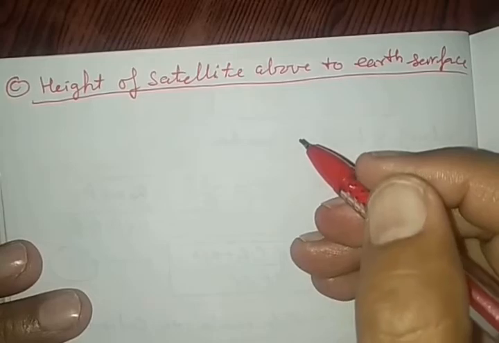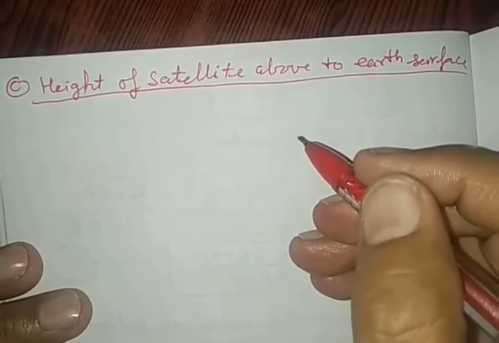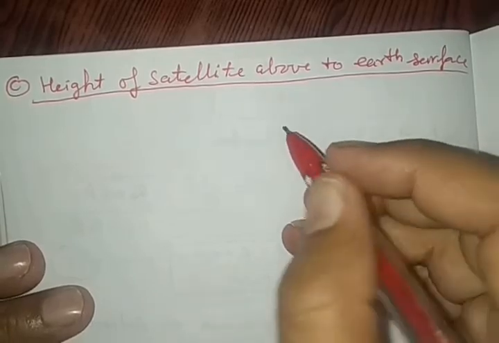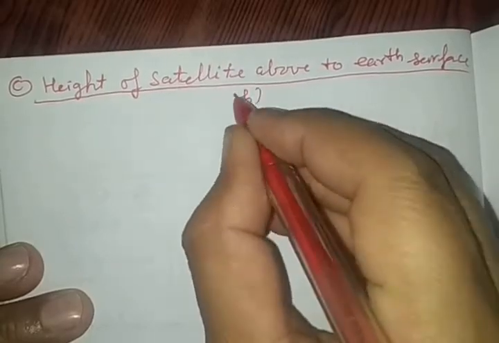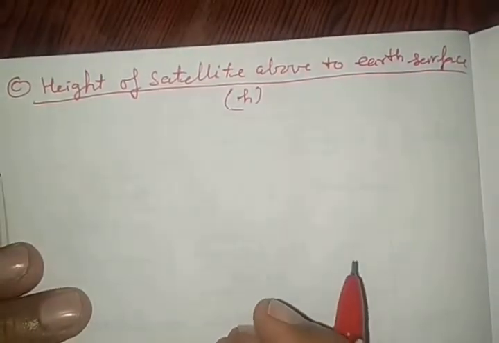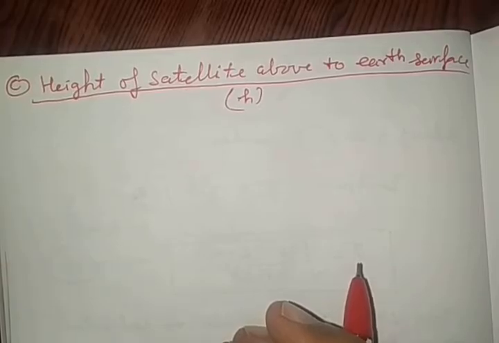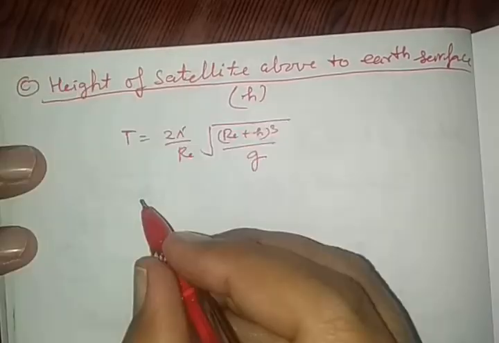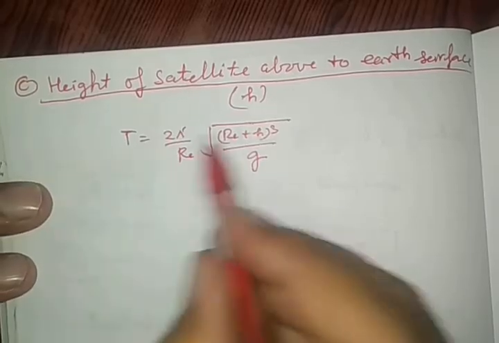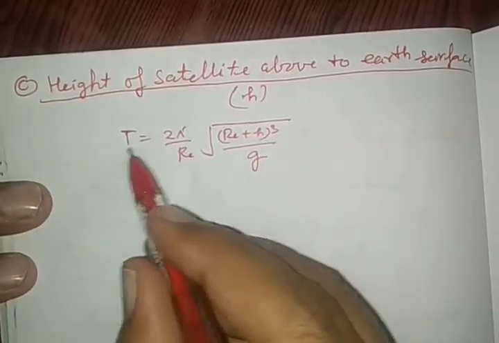Lastly, we are going to derive the formula for the height of a satellite above the Earth's surface. In the diagram, it is clearly mentioned by small h. And it can be obtained from the time period equation. So this is the time period equation we just derived.